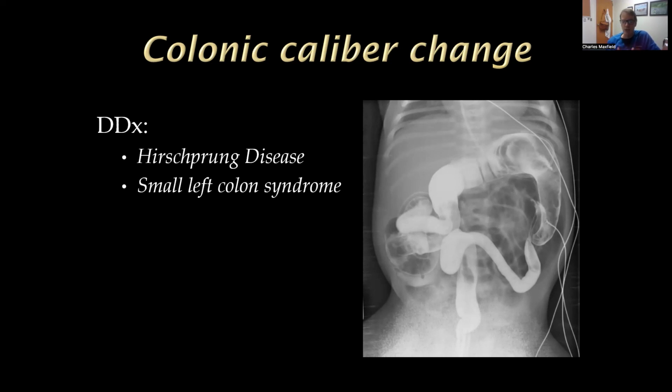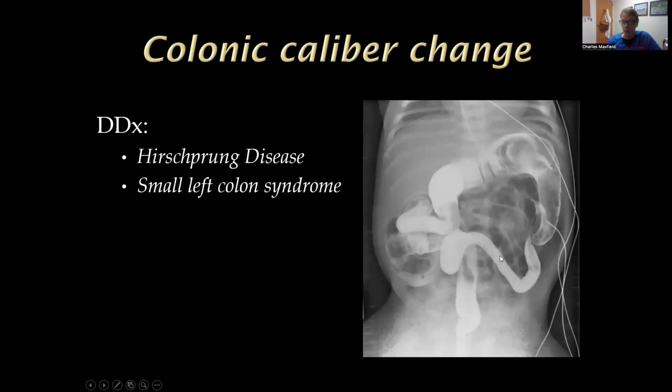Now, those of you who were here at the beginning of the talk, remember I told you these were our two functional obstructions. So you don't have an obstruction because there's a physical blockage, but rather because that colon's not working. The muscle's not working to push things through. So it's a functional obstruction. And these are two functional obstructions. In the case of Hirschsprung disease, there are no ganglion cells. There are no nerve cells in the distal colon.